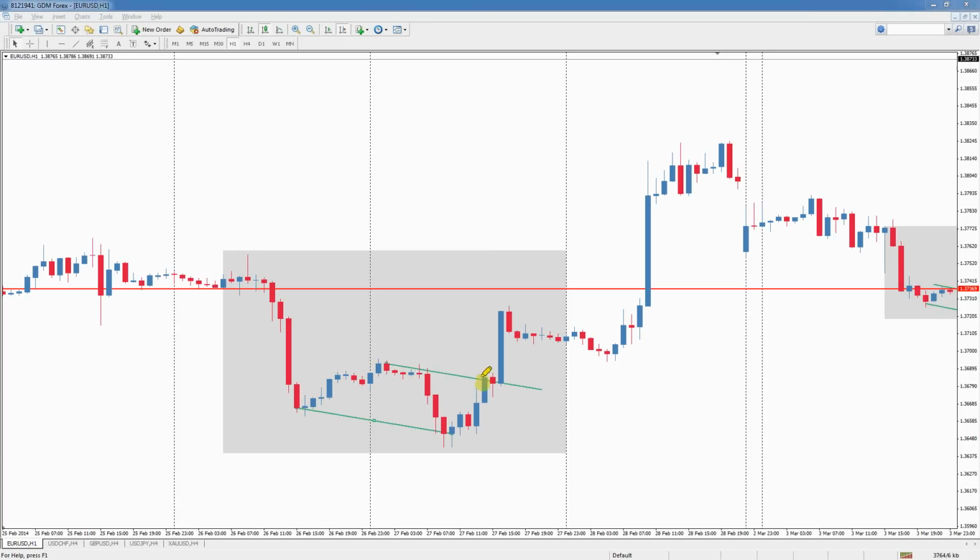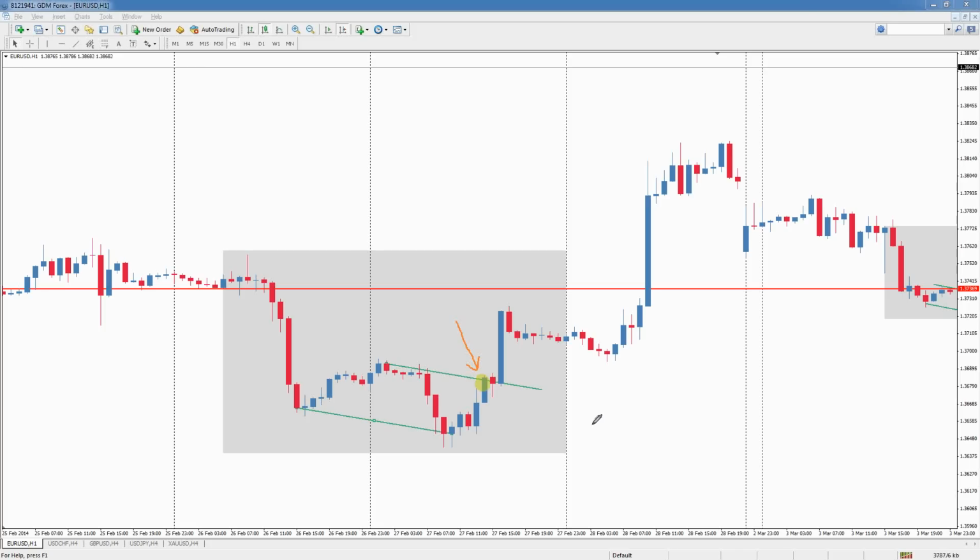There we go, right here. Now this specific bullish candle is what we're looking at. We see that this candle is opening below our entry level projection, and it's closing just above it.